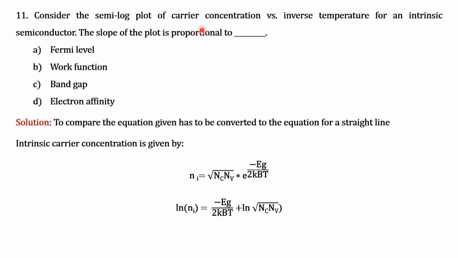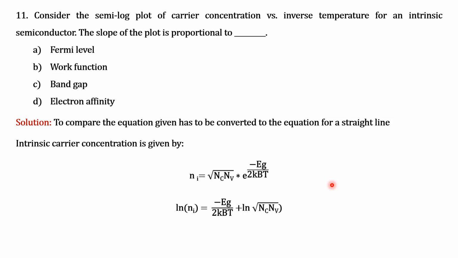Here it is a semi-log plot, carrier concentration versus inverse temperature. Inverse temperature means 1 by T, and carrier concentration is ln ni. So whatever x and y we need is already here. Now you have to compare it with the equation for a straight line, y is equal to mx plus c, where m is the slope and c is the intercept.